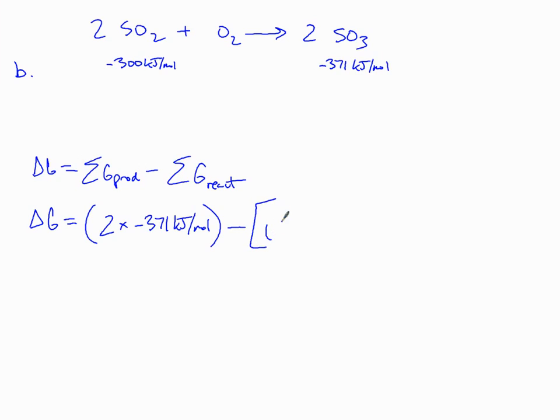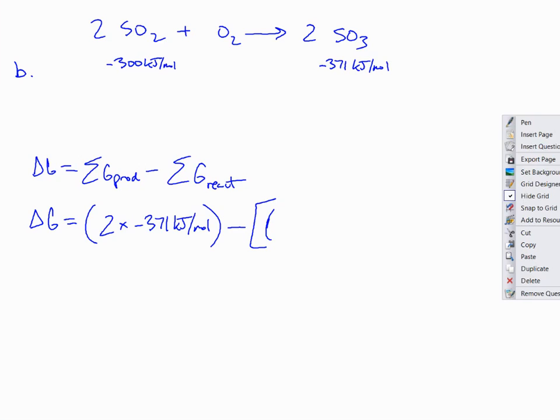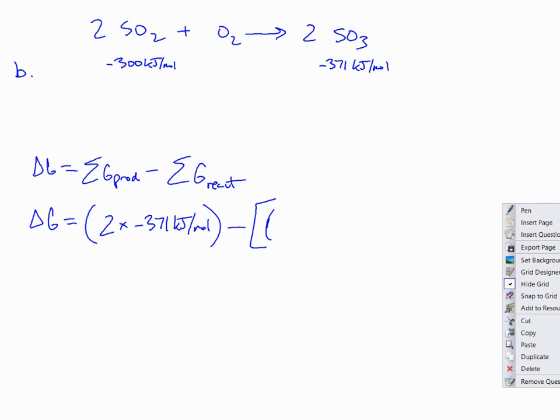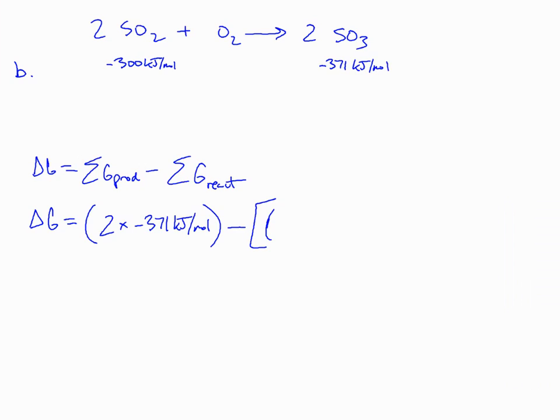So the first thing we have is a coefficient of 2 times, and the value was negative 300 kilojoules per mole, plus, because this sigma here means adding them together.